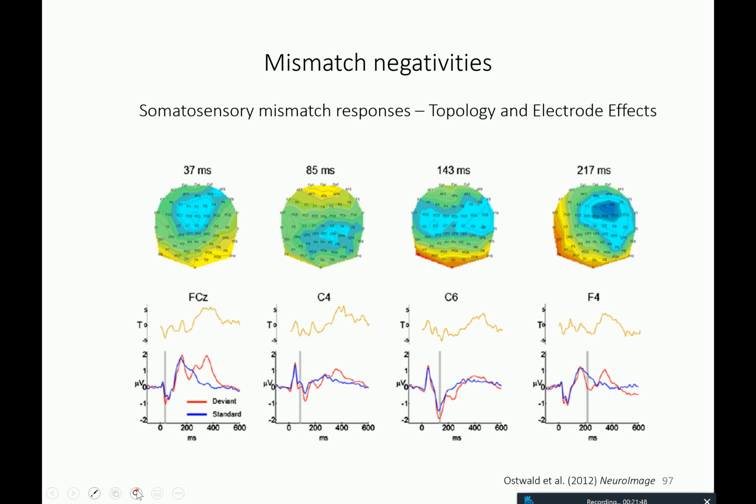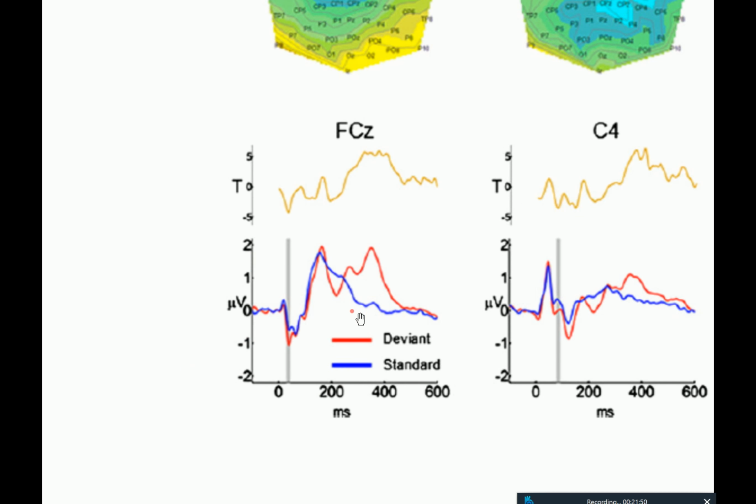So let me zoom in. The deviants refer to both the high and the low amplitude stimuli, and the standards also to both the high and the low stimuli just before a deviant stimulus.